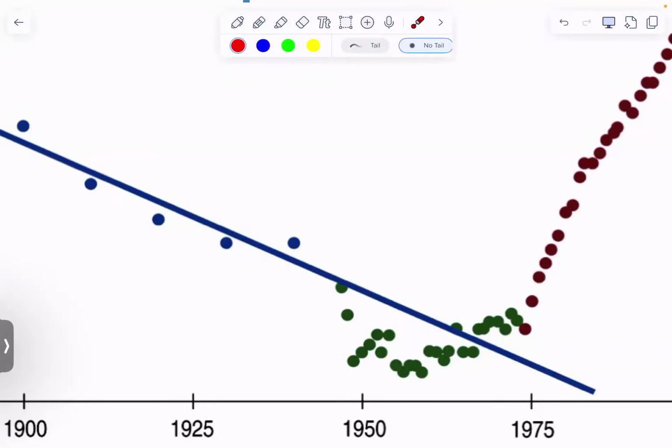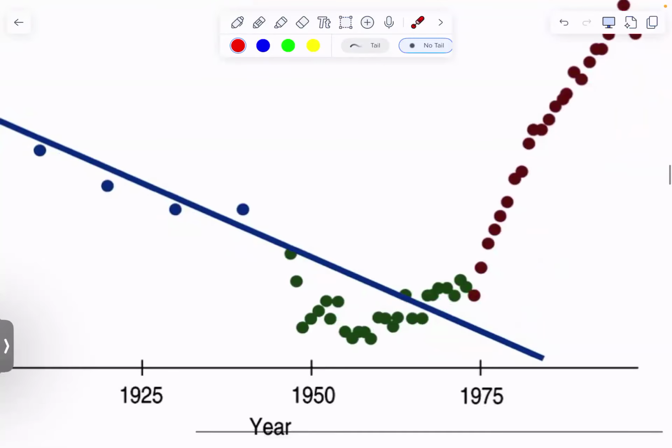Most of the time when we're dealing with data, though, we don't have that kind of background knowledge. And so that's why you want to be really careful with extrapolation. If we kept using this line, which is an excellent model up until roughly 1945, I'd guess, then we get this dip, and we have this clearly non-linear relationship.